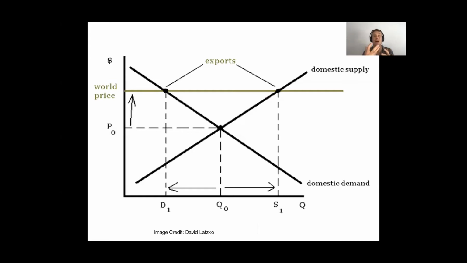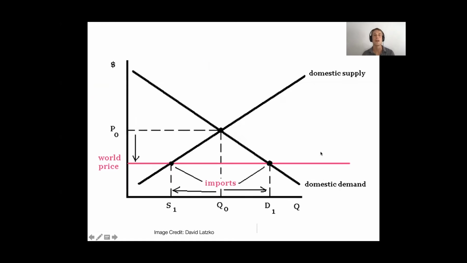When you specialize and you move a whole bunch of land, labor, and capital into the industries where you have comparative advantage, you're moving it out of industries you don't have comparative advantage. And those are people losing their livelihoods. And often governments are like, wait, we don't want to lose that sector entirely. So they step in to protect it. So usually where we're going to see trade protection is actually in a world like this, where the world price is below the domestic equilibrium price, right?